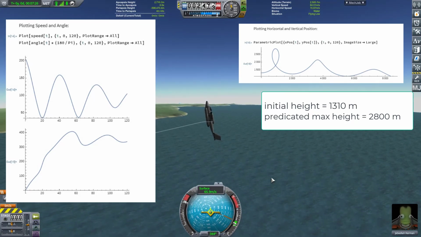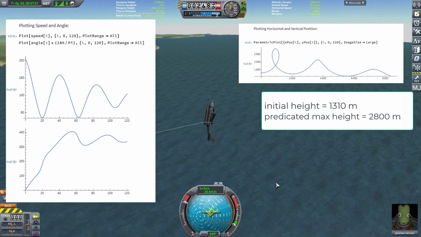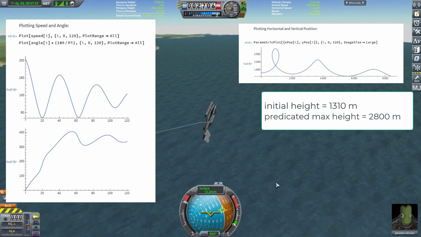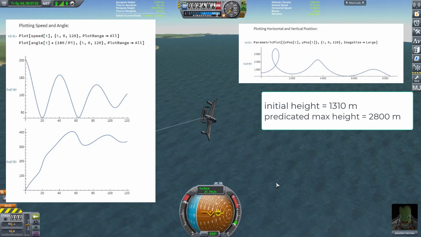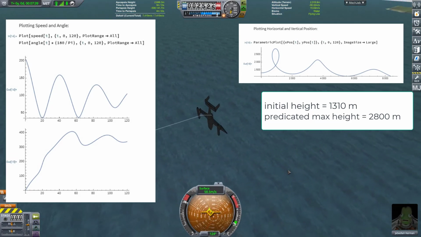Looking for it to reach about 2,800 meters and flip over. And it just about does. Doesn't quite flip over and doesn't quite reach that 2,800 meters, but pretty close.